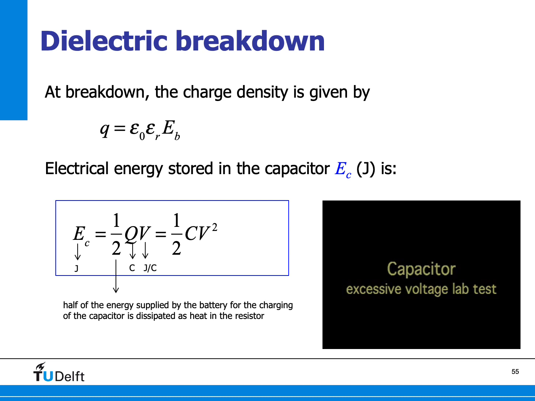Now the electrical energy stored in the capacitor is given by this equation, half times Q, the charge, times the voltage, and if you remember we can also write Q as C times V, so that gives us an equation in the form of a half C times V squared.